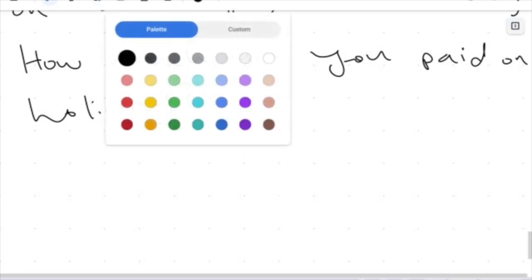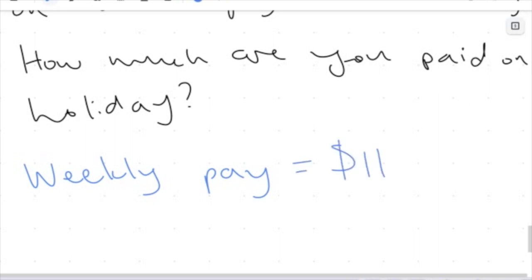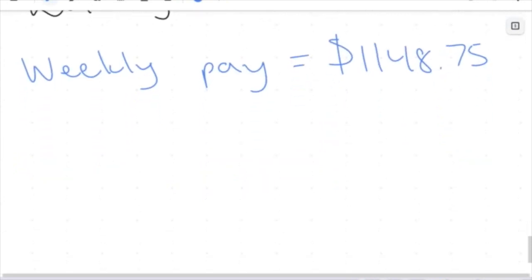So my weekly pay with job 1 was 1,148.75 per week. We want to find what I'm going to make for 4 weeks, because you're still going to get 4 weeks at your normal pay.